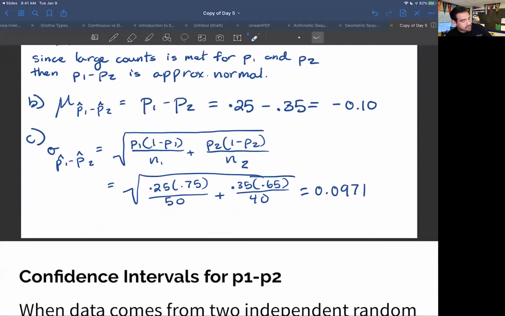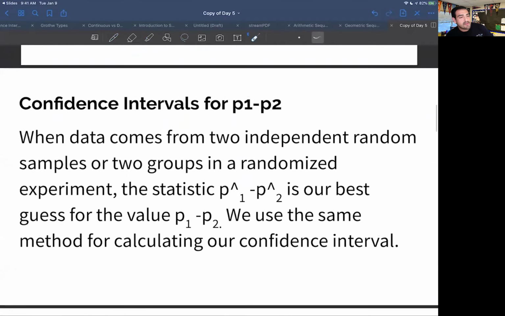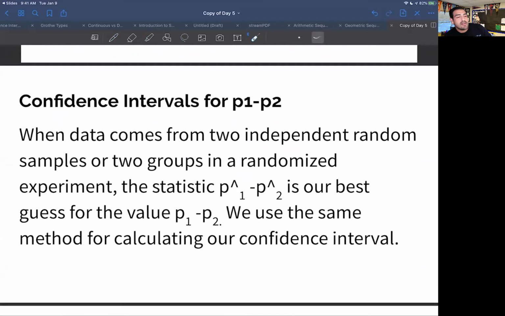Let's keep going forward. Our first inference method was the confidence interval. When data comes from two independent random samples or two groups in a randomized experiment, the statistic p̂1 minus p̂2 is our best guess for the value of the difference of the two populations' proportions.